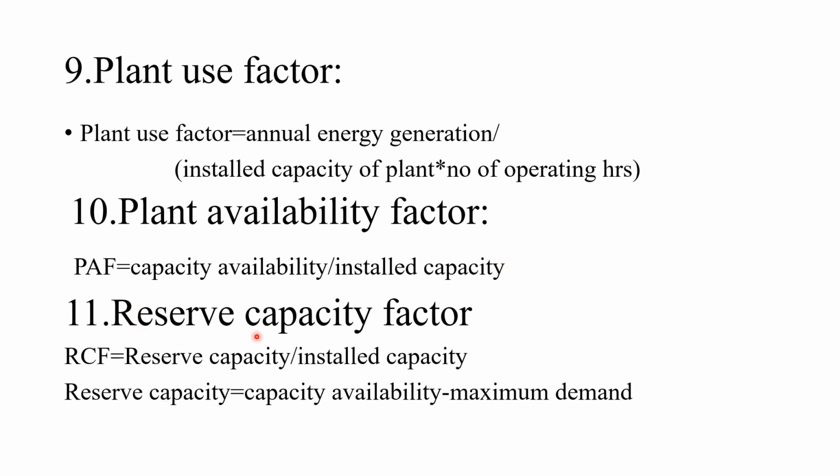The last point is the reserve capacity factor. That is nothing but the ratio of reserve capacity to the installed capacity. And reserve capacity is the capacity availability minus maximum demand.